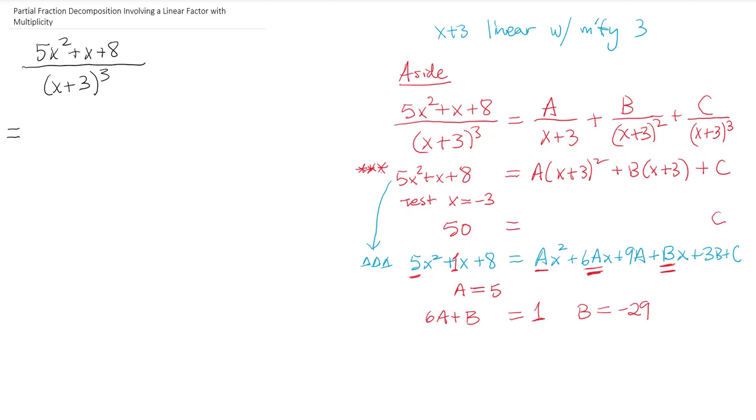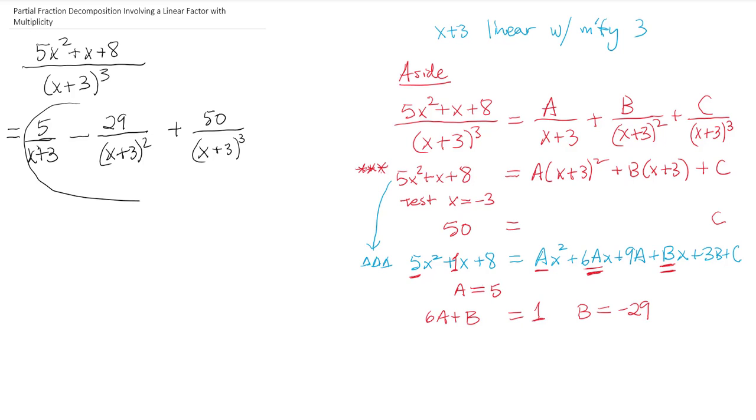So A was 5 over x plus 3, plus B, well, minus 29 over x plus 3 quantity squared, and then plus 50 over the linear factor of x plus 3 with multiplicity of 3. And there you go. We have performed a partial fraction decomposition with a linear factor with multiplicity.